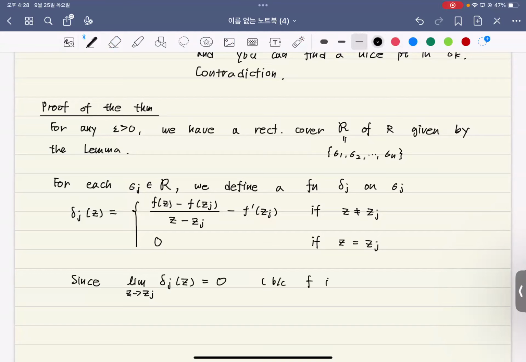Because f is differentiable at zj. So delta j is continuous on every point in this square.